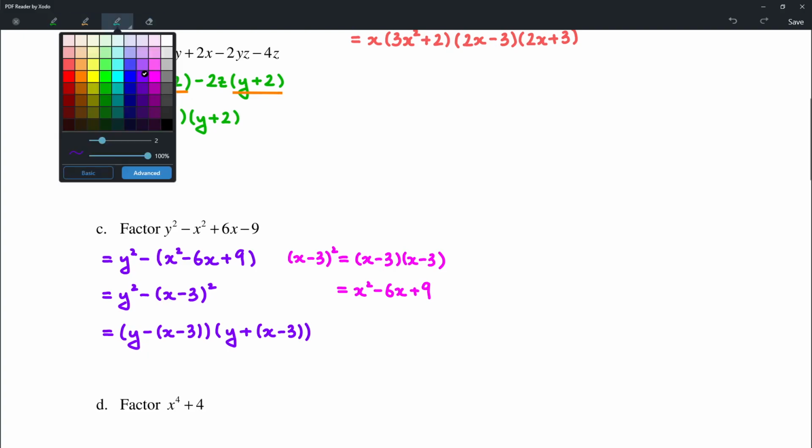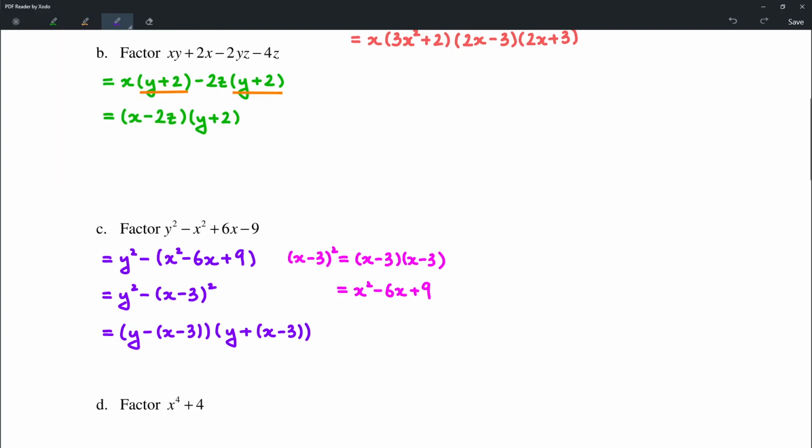And afterwards, all we have to do is simplify. So we have y minus x plus 3 in the first set of parentheses, and then in the second part we have y plus x minus 3.